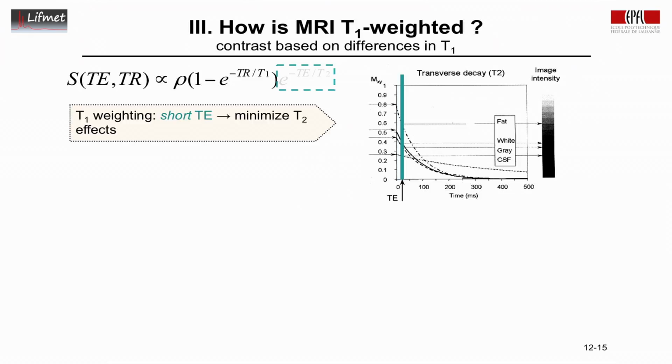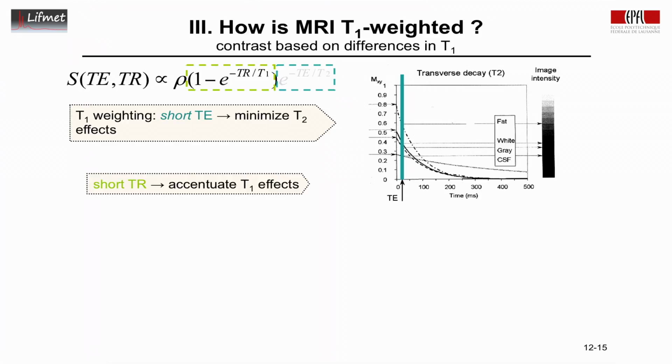Let's pretend that we have been successful, that our TE is sufficiently short that we can largely neglect the effects of T2. So we'll pretend that this factor here is 1 and gray it out, since it's no longer observable. Now we're interested in optimizing this term here.